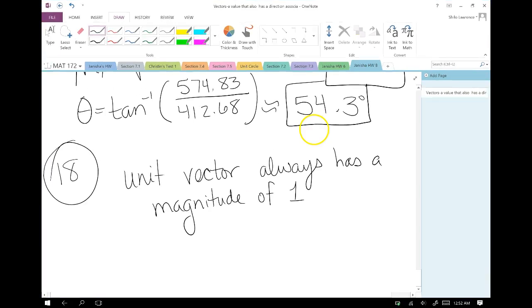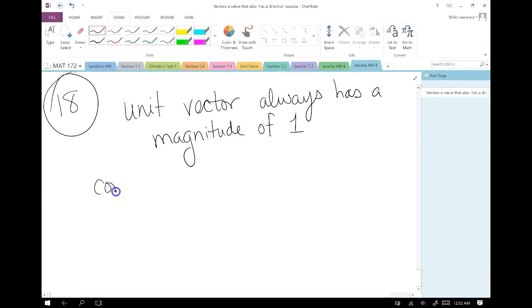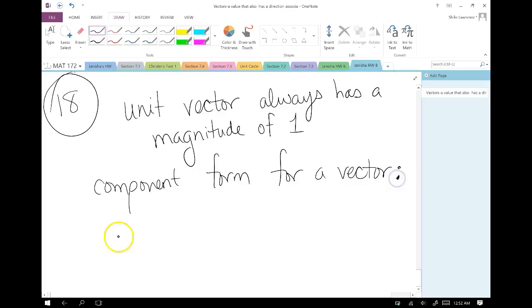So, component form for a vector, there's two ways you can write it. You could say that vector v is, there's one way that you can write it with these pointy little braces here. You can say v sub x comma v sub y.